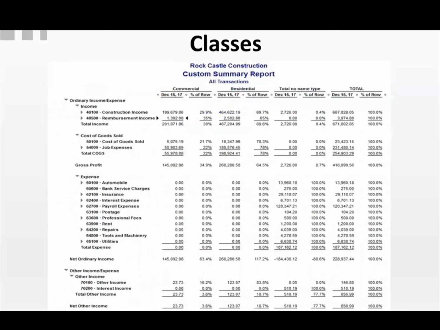Next thing I want to mention is the concept of classes. This is a QuickBooks-specific term, but every solution will have a variation of this concept, where you're able to classify an expense into categories that allow you to break it out easily on the profit and loss statement.